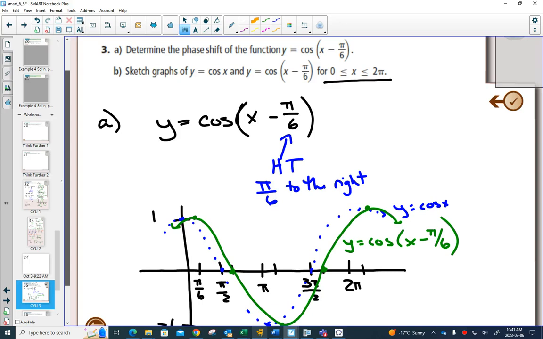Typically on my quizzes and tests, I will just ask you to graph at least one period, and then you would have the arrowheads on the end. Technically for the textbook, I would lose a half a mark because the textbook said to graph it from 0 to 2 pi.